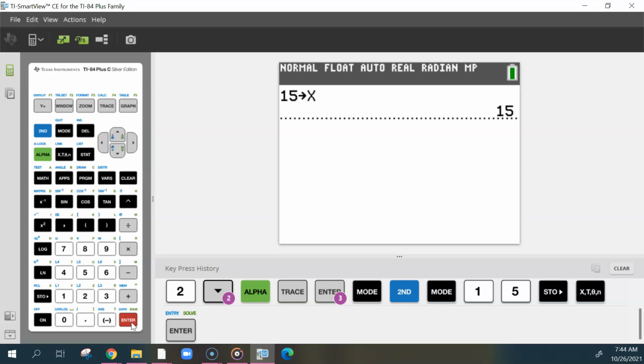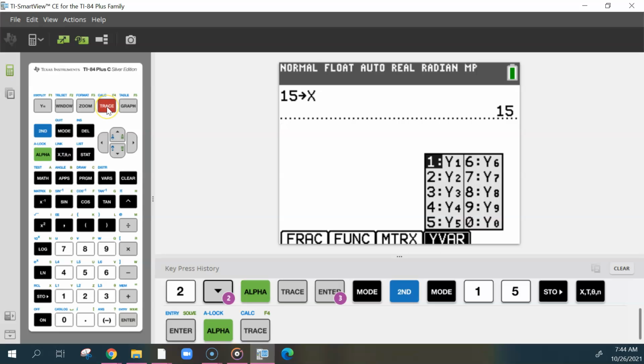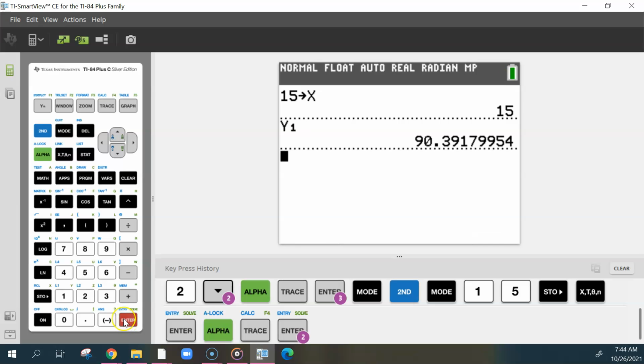After it's stored, go back and grab your equation that you stored, alpha trace. If you stored it somewhere other than Y1, grab it from there and press enter. That takes all of the decimals from the original problem, puts 15 in for X, and solves it for you. If you don't do it that way, your decimals become off.